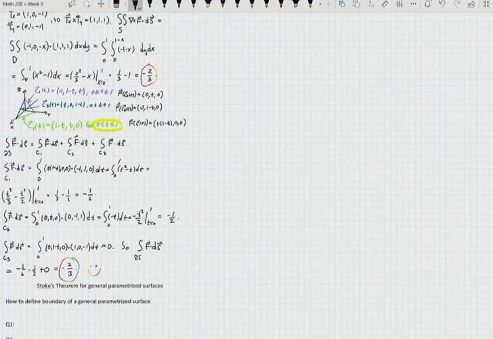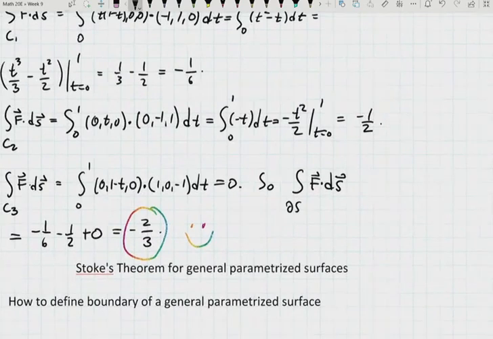Well, I guess I can try to explain Stokes' theorem for general parametrized surfaces now. In order to do that, we have a sticky issue. It's pretty intuitive once you get the hang of it, but at this level it will be lacking in rigor, okay?